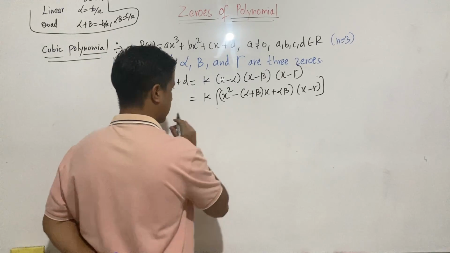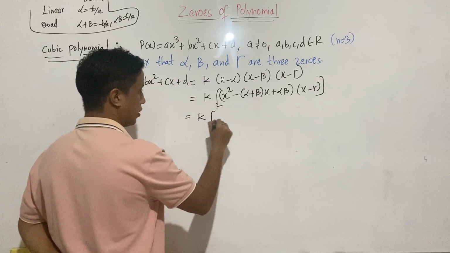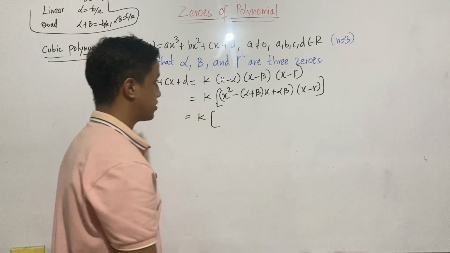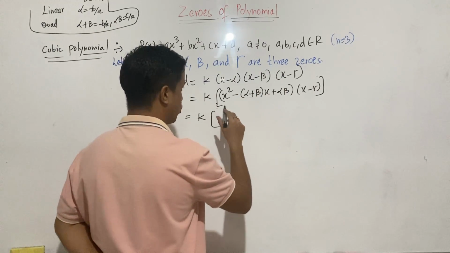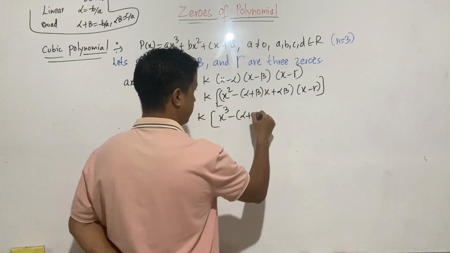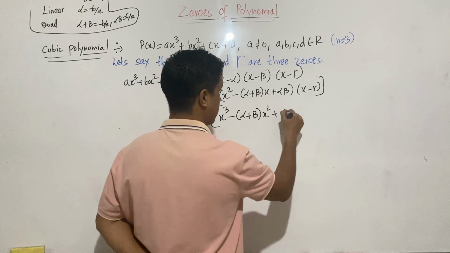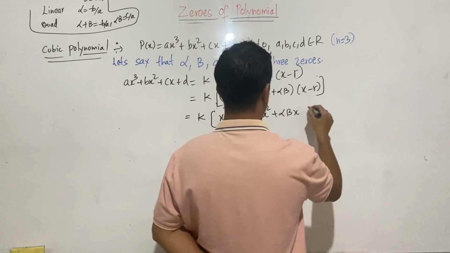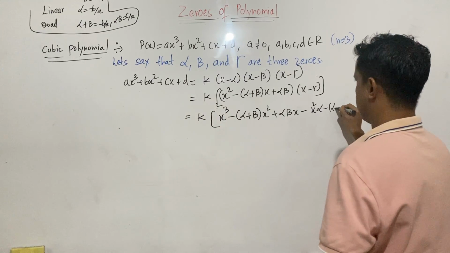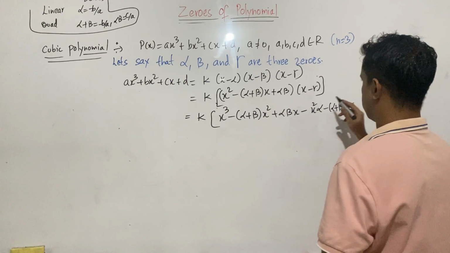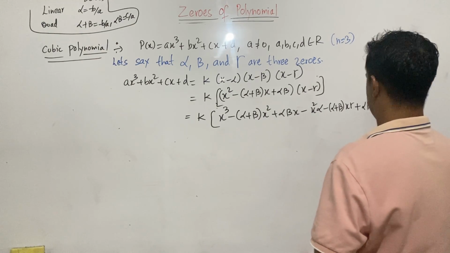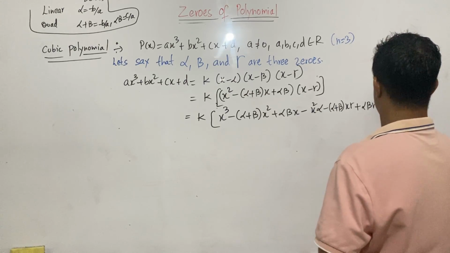Then k common, and if you apply the distributive law, it would be x cube minus alpha plus beta x squared plus alpha beta x minus x squared gamma plus alpha plus beta x gamma minus alpha beta gamma, and here the main bracket.